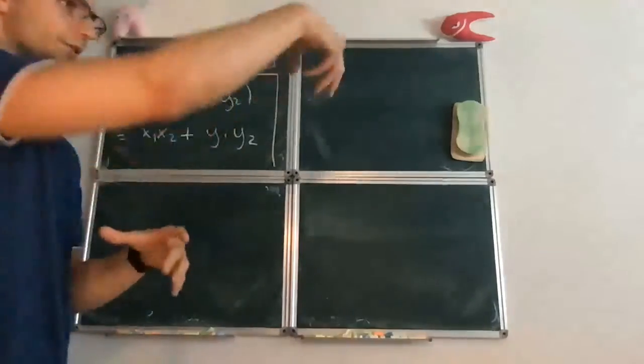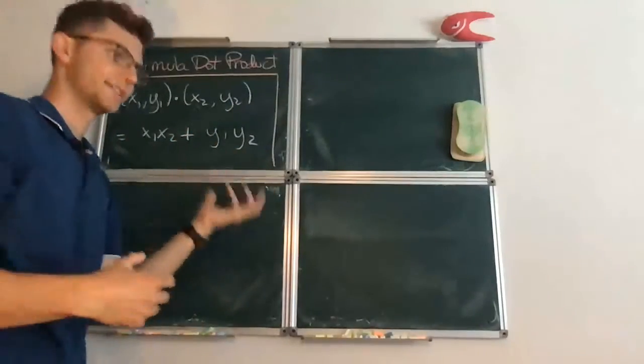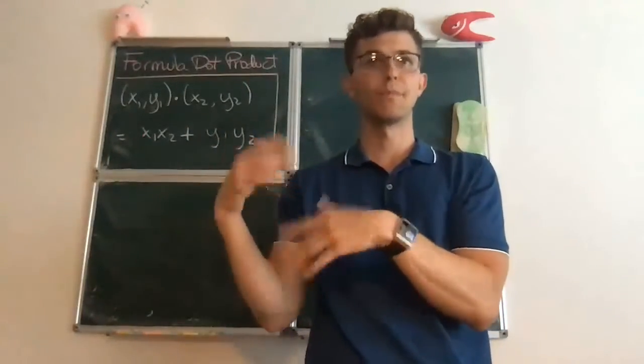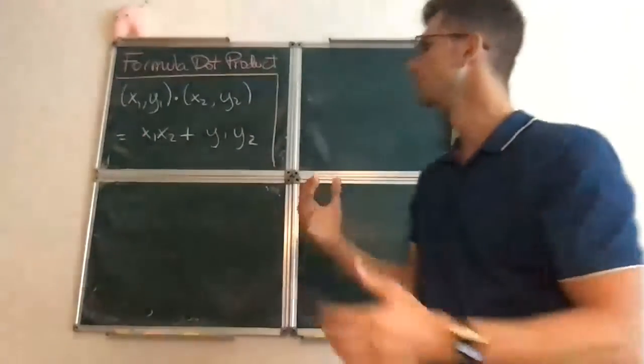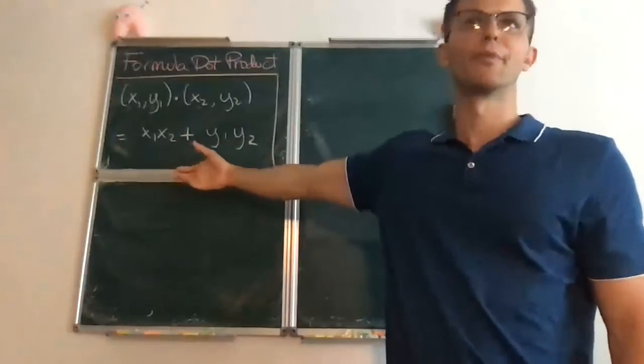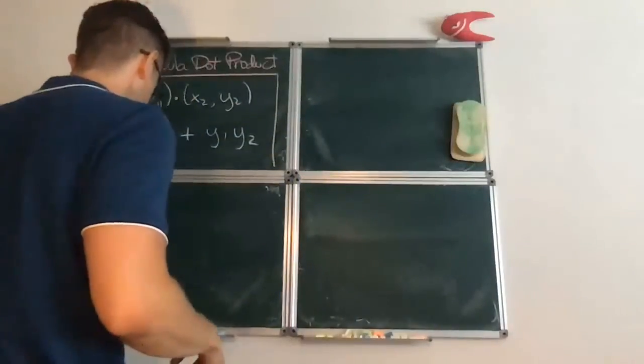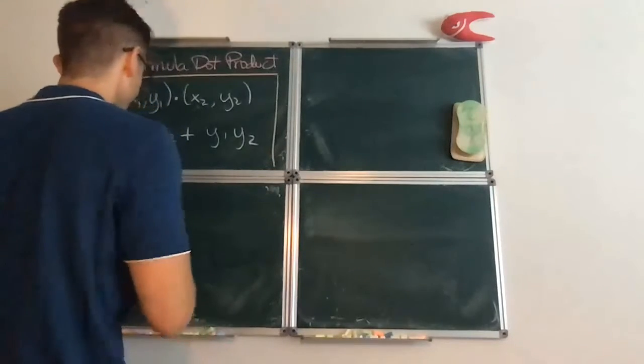Sort of very interesting that this formula has this interpretation in terms of the product of the magnitudes times the cosine of the angle. It's not at all clear from this expression, but let me just do some examples.